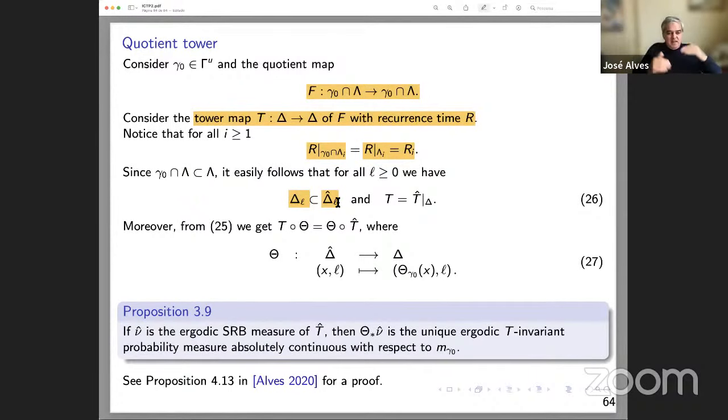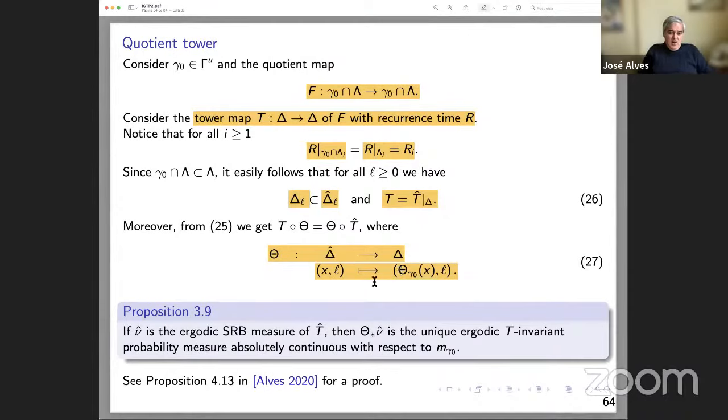And so the tower is constructed in a similar way. It also happens that T is the restriction of T hat to delta. Moreover, we also have a natural projection from one tower to the other, given by the projection that we had before, from the set lambda to lambda intersected with gamma 0.